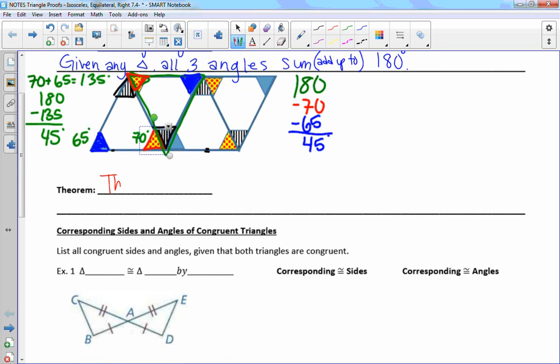And it's called the third angles theorem.